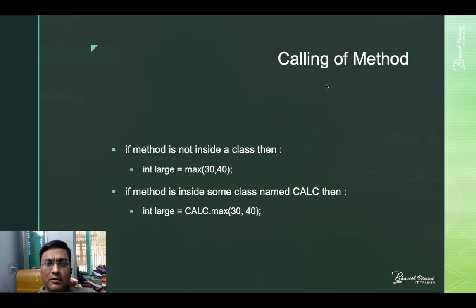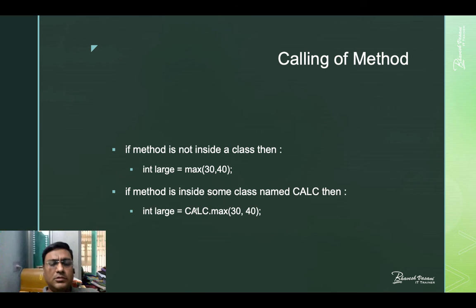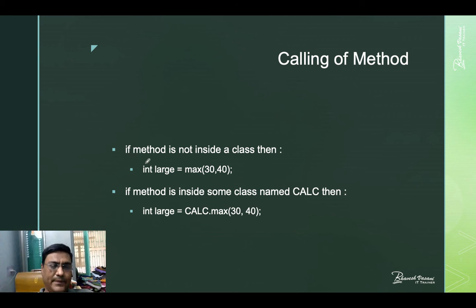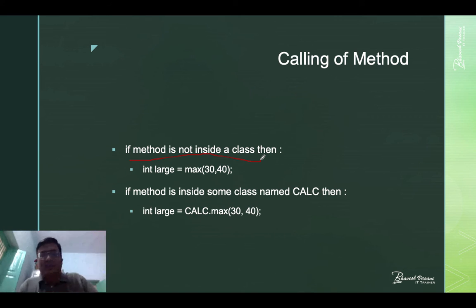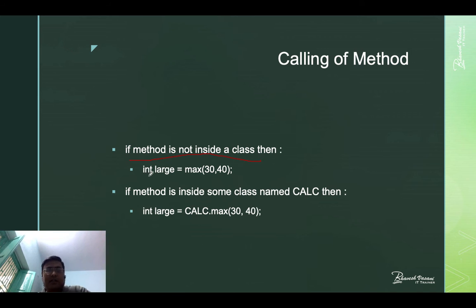Now, how can we call a method in Java? I have given here two types of method calling. The first way is if the method is not inside a class. When a method is not inside a class, we can call it directly. For example, I have taken a variable named large, with the data type int.